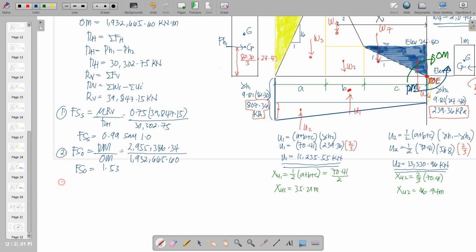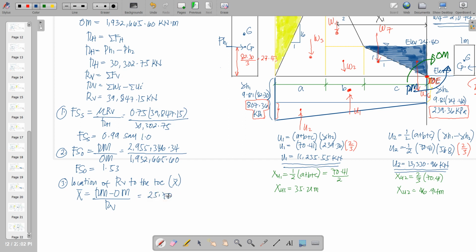Okay, next. Number 3. The location of RV to the toe. This is actually our X bar. So X bar is equal to Rm minus OM all over RV. Substituting the values, we get a value for X bar equal to 25.7.